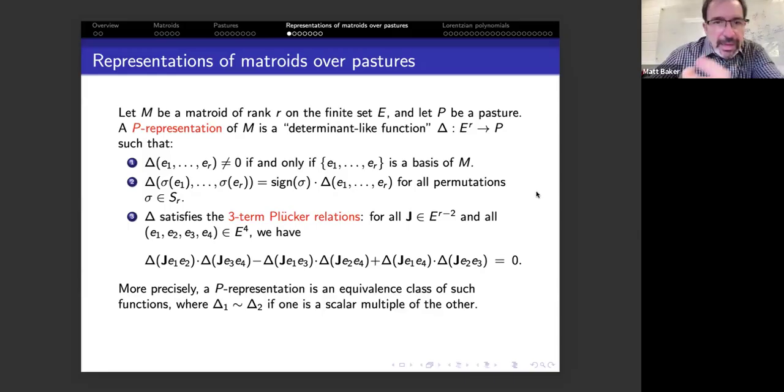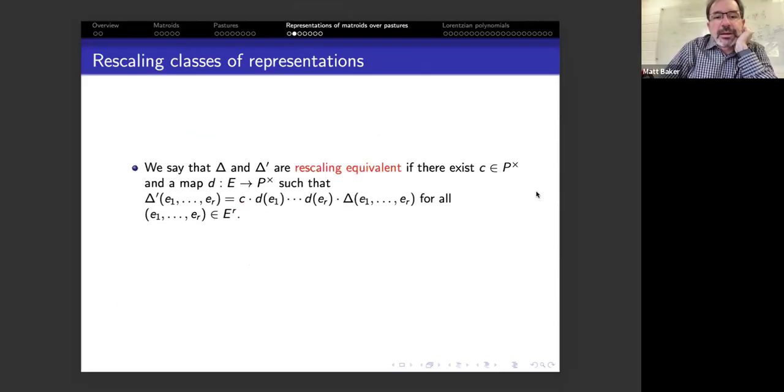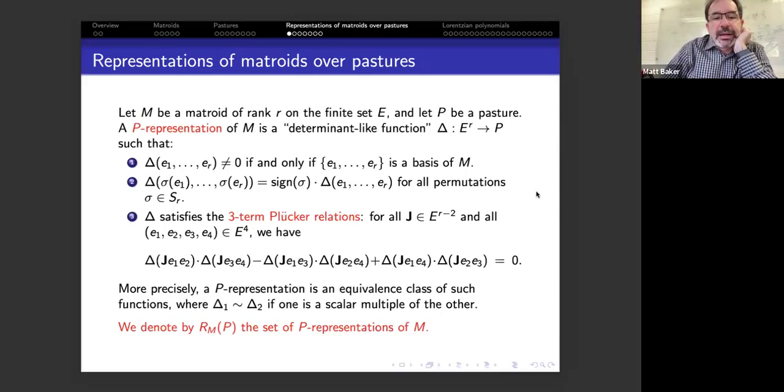And now we really have Plücker vectors. So the set of all representations of M over P, I'll denote by R sub M of P. Oh, and I think I'll say this later, but it's essentially the usual notion when P is a field. I think I have a remark about this later.